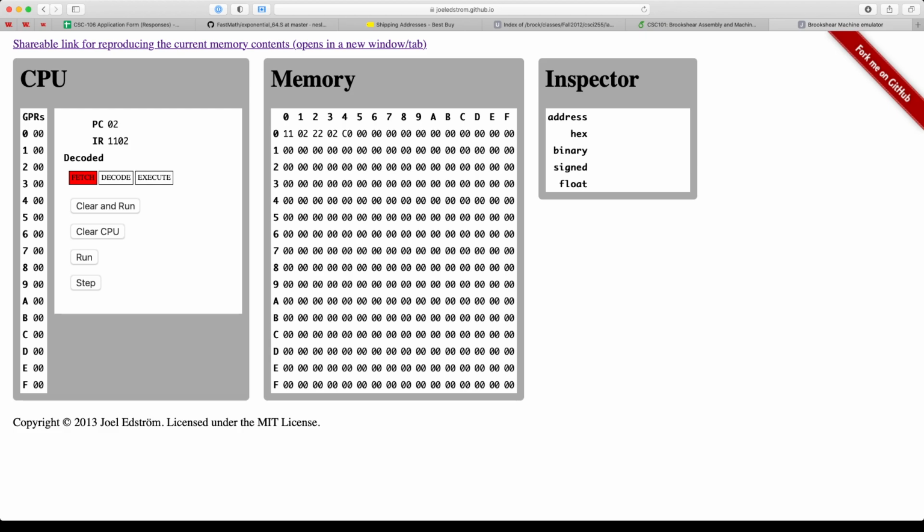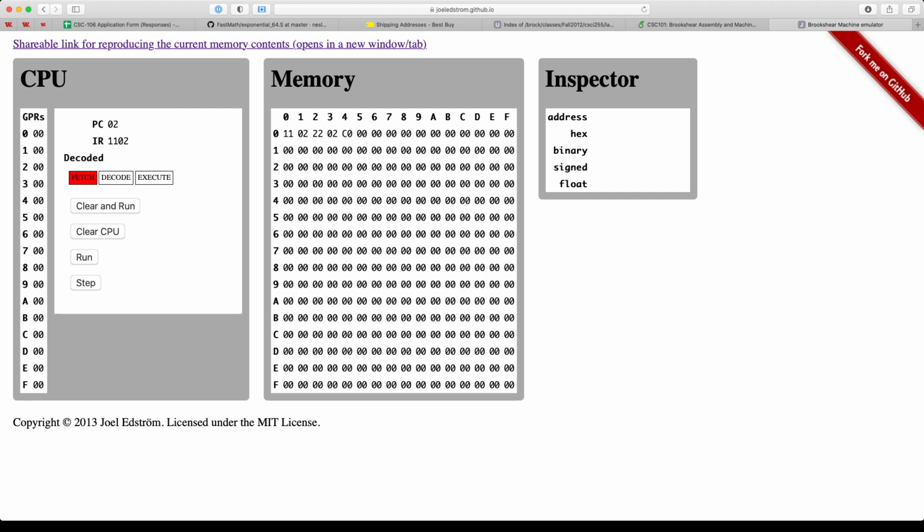Okay, so right now the processor is sort of paused, if you will. So what got copied from memory into the IR, the instruction register? 1102, right? That was my first instruction. Well, now what?